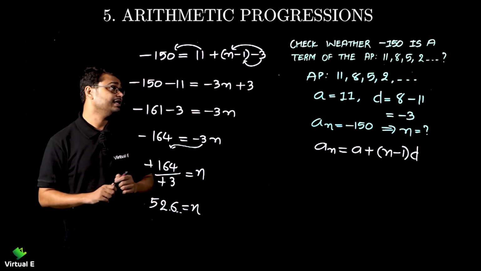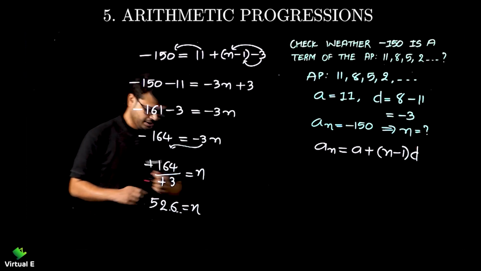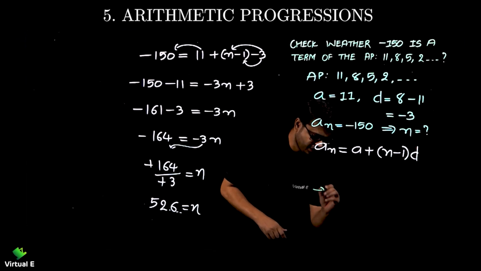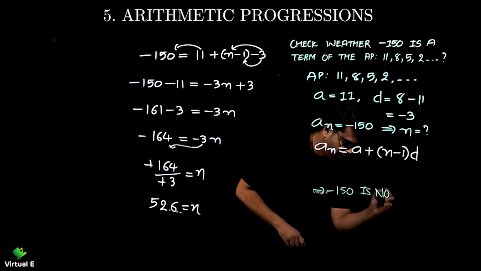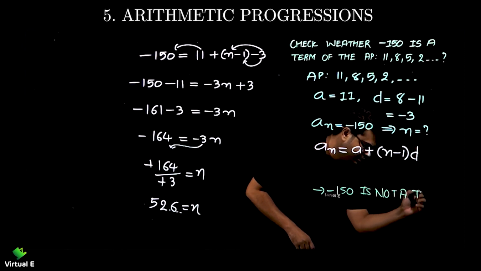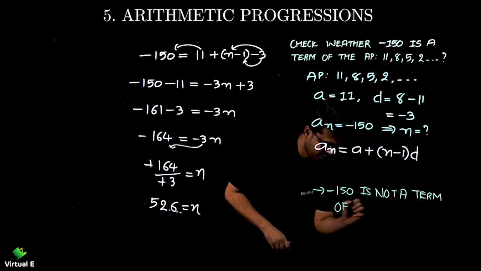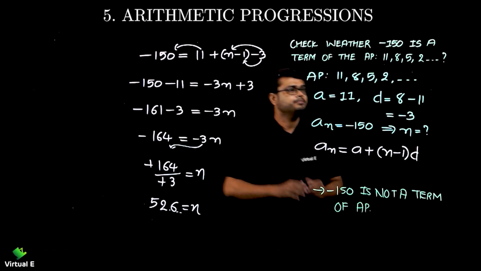So we can say that minus 150 is not a term of the AP. So let's write the final answer: minus 150 is not a term of the AP. Very simple.